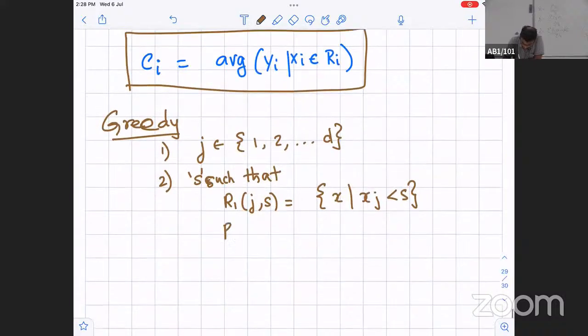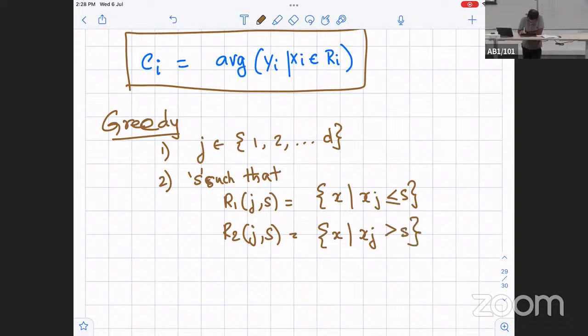And R2 of j, s is all the points x such that x_j is greater than or equal to s. Like this I will split. And for this split I will look at what is the error I will get, right? So what is C1 hat of j, s?